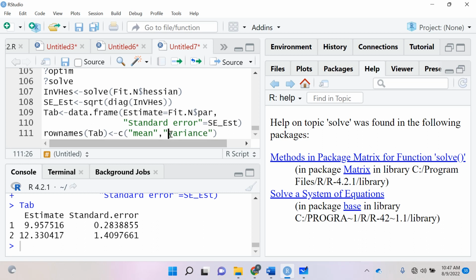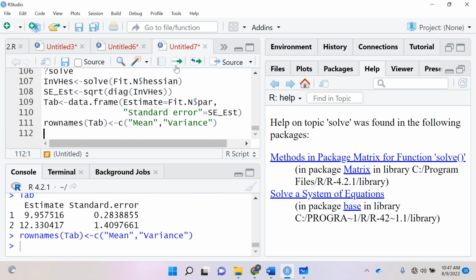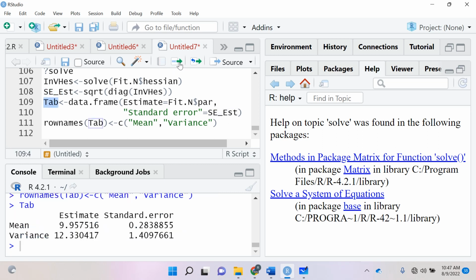So the mean and the variance. If I do so, now if I get my tab, I have my estimate, which is this, my mean. If I want to round it, I can round it to 2 decimal places or what have you, and so forth. So that's how we compute standard errors.